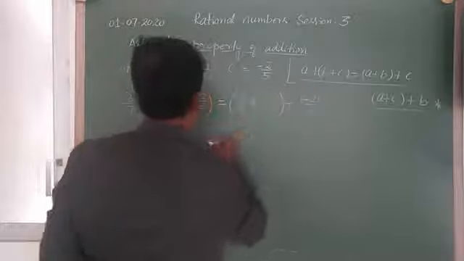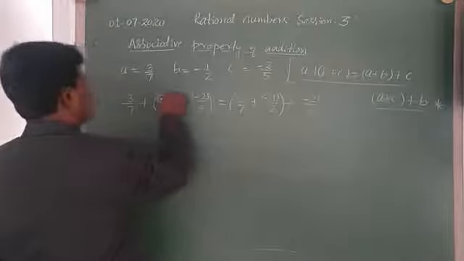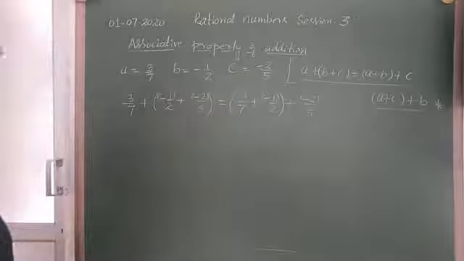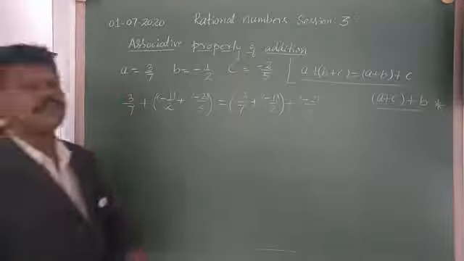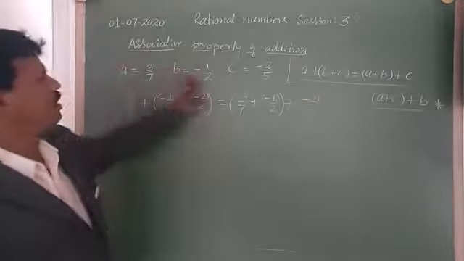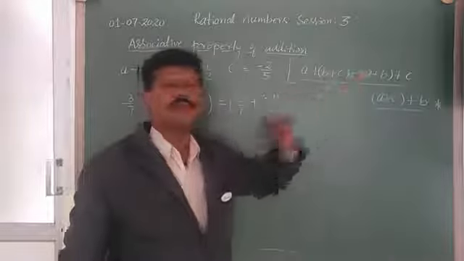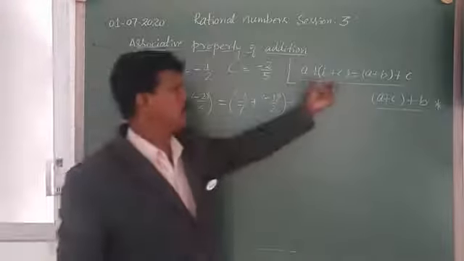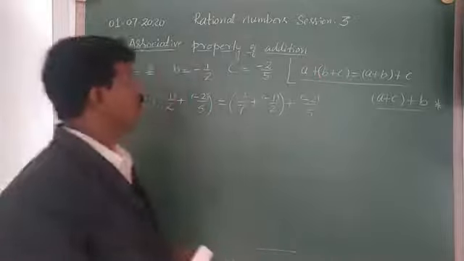Since there is a minus, you can take it in a bracket. This is the substitution of the values A, B, C in the formula. Just assume that this is a formula, right?